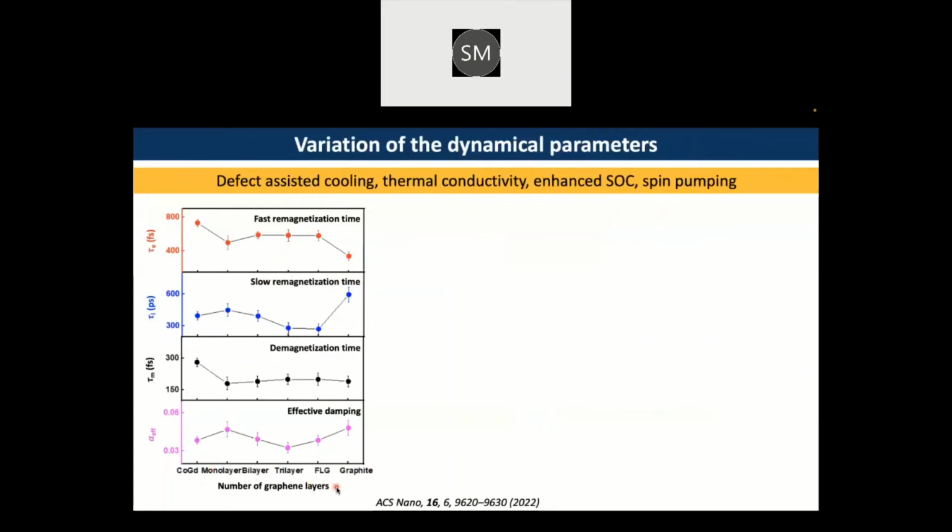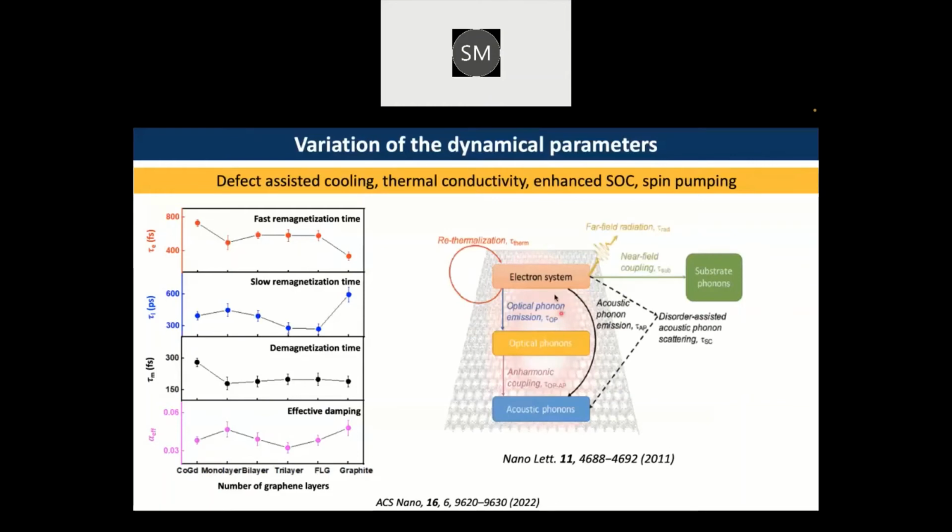We observe that the fast remagnetization time reduces with graphene layer thickness, and in addition to electron lattice heat transfer in picosecond time scale, a defect or disorder assisted phonon scattering is taking place inside this system.